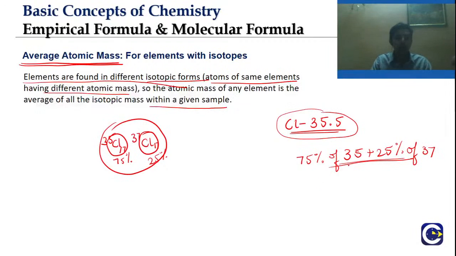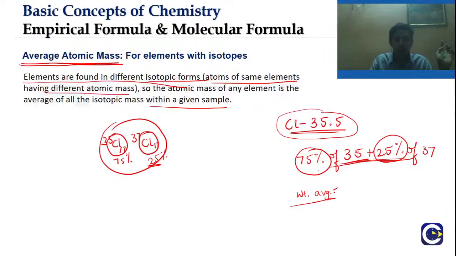I think in 10th you might have heard about weighted average. What does weighted average mean? The weight is 75% for 35Cl17, so 75% of 35. And for 37Cl17, the weight is 25%, so 25% of 37.